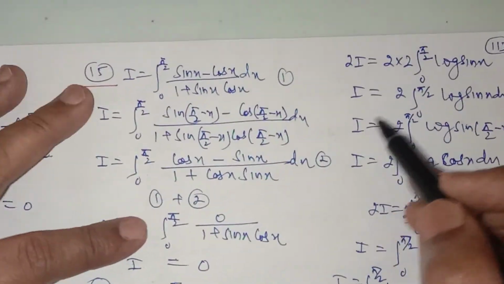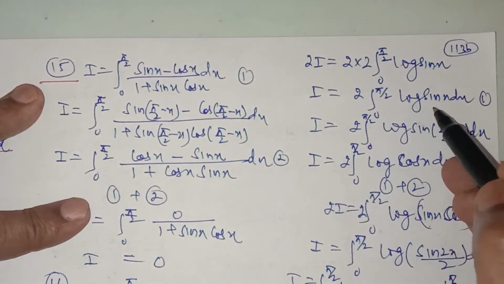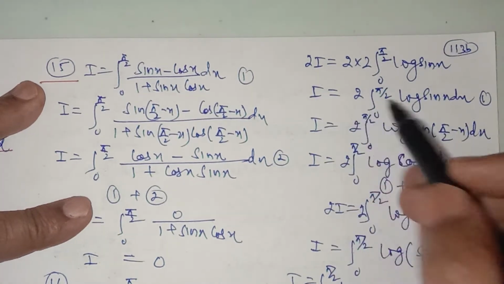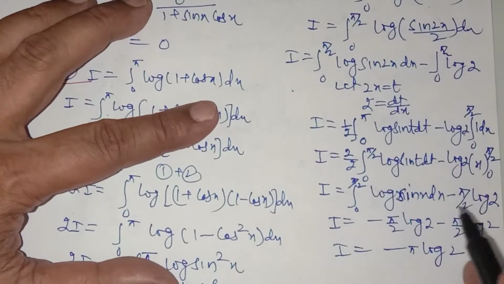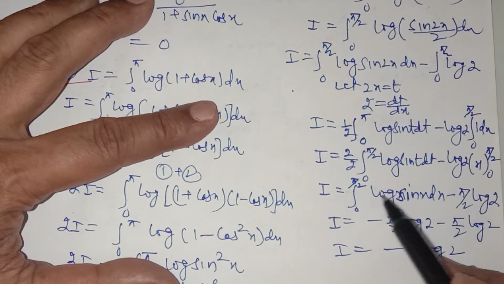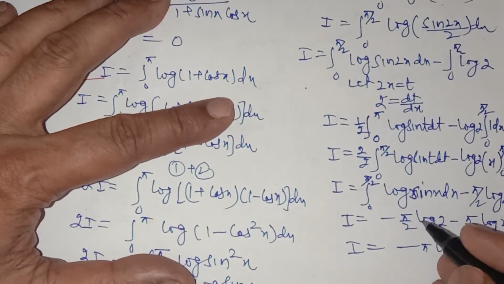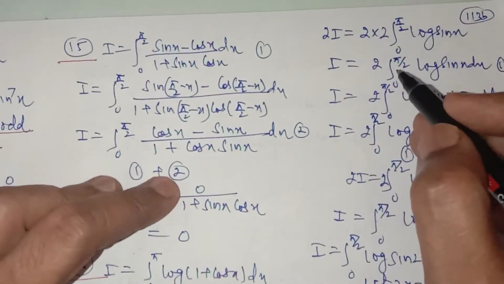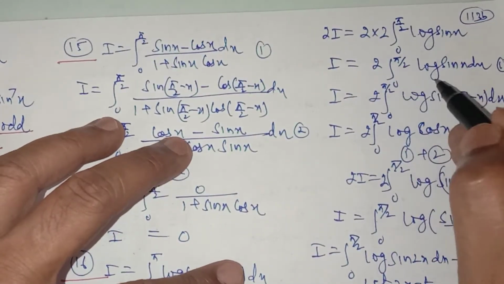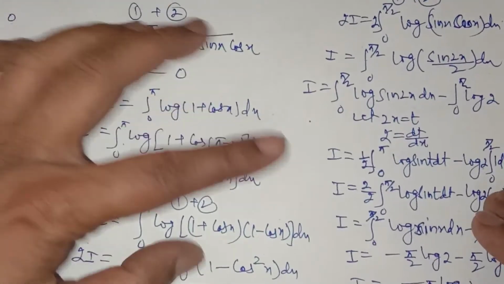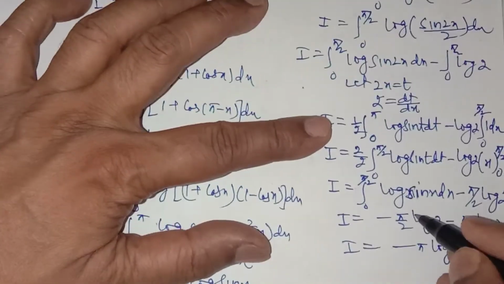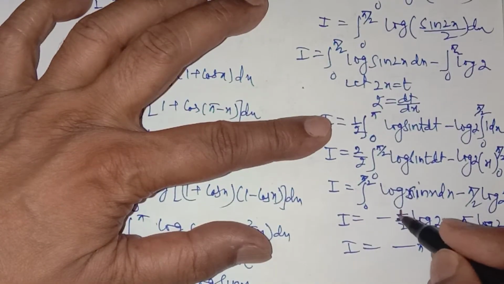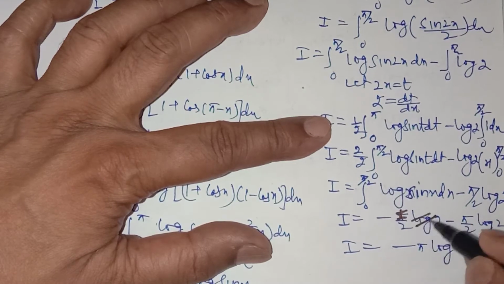Or you can write, in place of 0 to pi by 2 log sin x, I upon 2 here. See it very carefully: 0 to pi by 2 log sin x is equal to I upon 2, right? You can write I upon 2 in place of this.